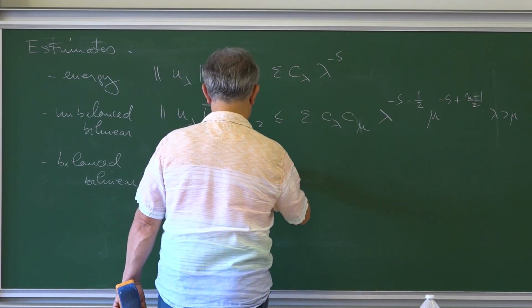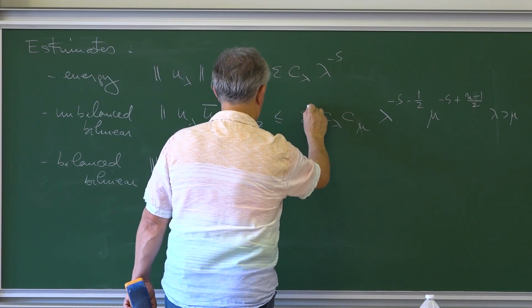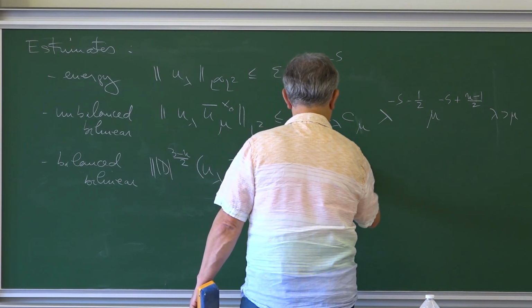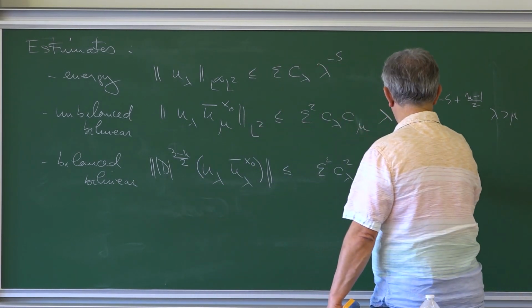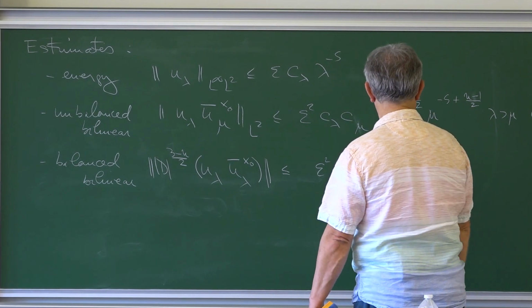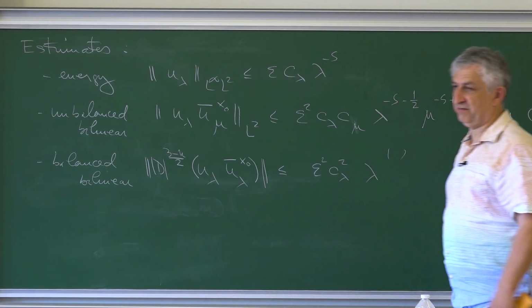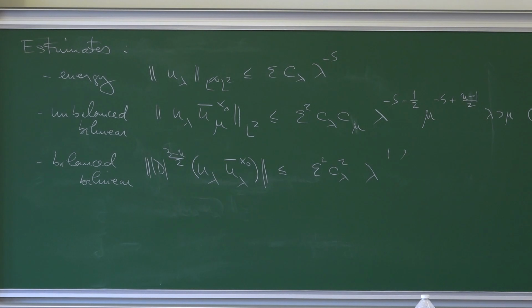And this is smaller than epsilon squared, c_lambda squared, lambda to the power, whatever power we have in here, coming from scaling.